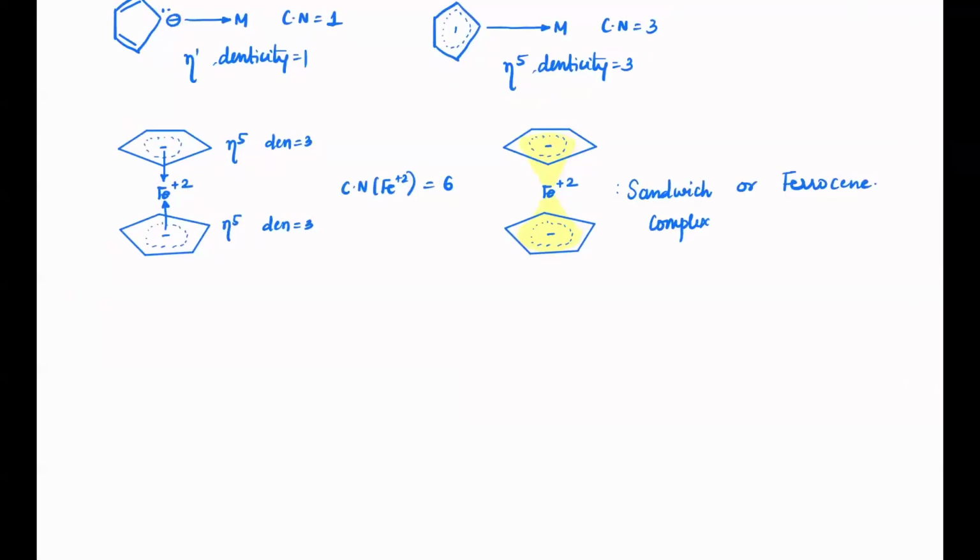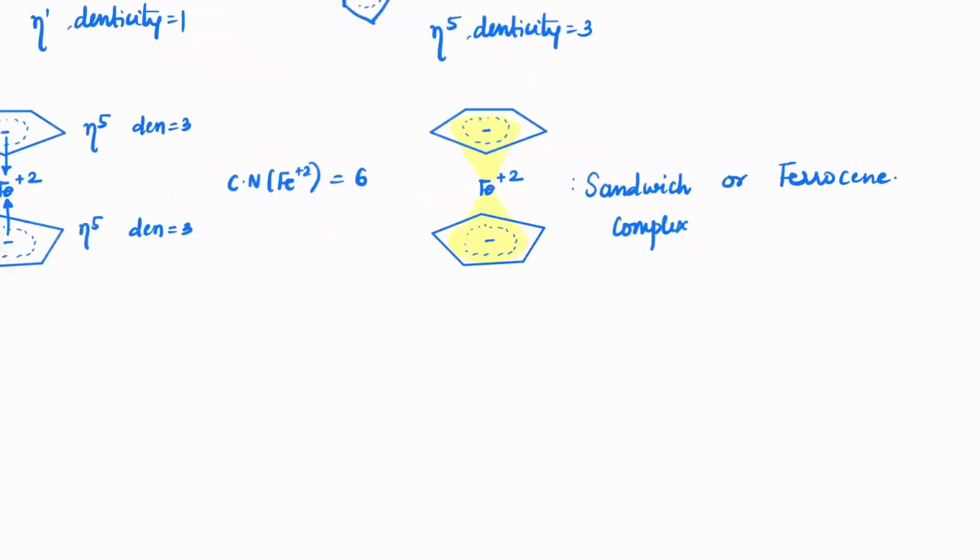Now, how do we usually represent it? When the molecular formula is given, it has to be written like this: Fe eta power 5 C5H5, and there are two of them. This is what is meant by ferrocene. Okay, just a second.